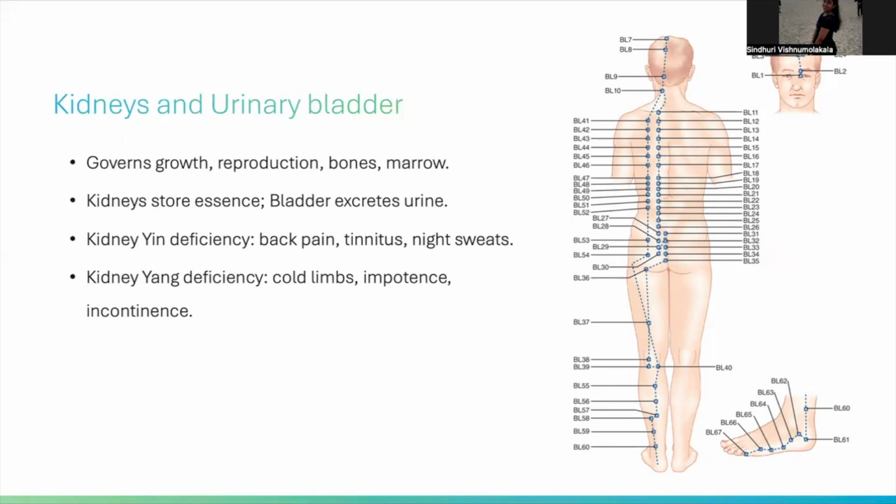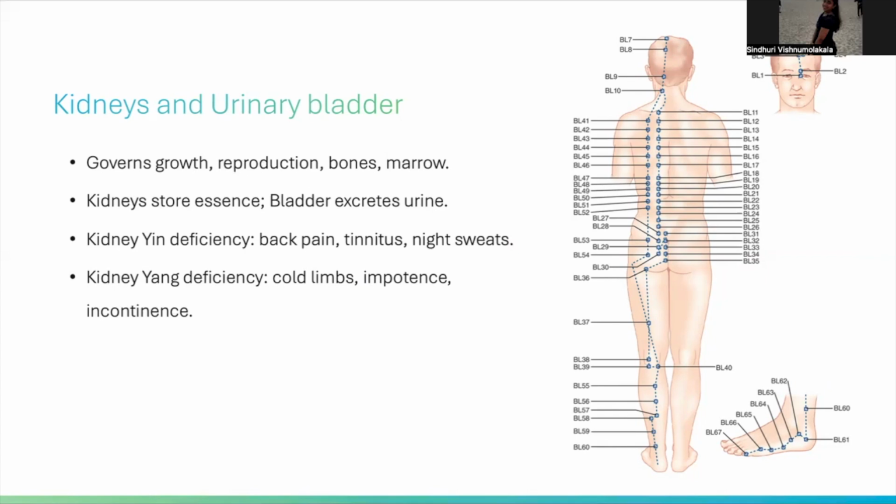And as the kidneys store the essence of life, that is why they are related with the reproductive functions. Their primary role is water metabolism and control of body fluids. The bladder transforms fluids into urine and excretes it from the body.